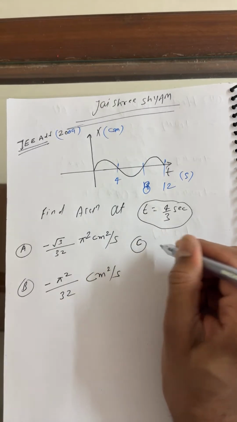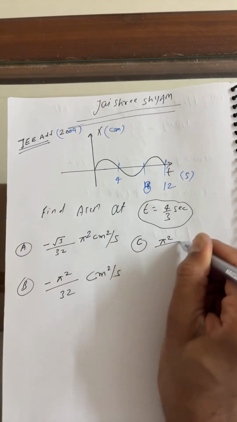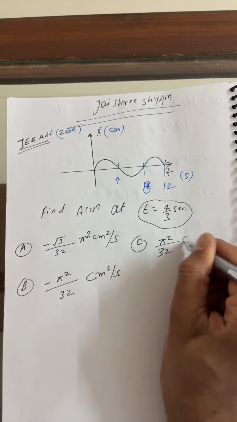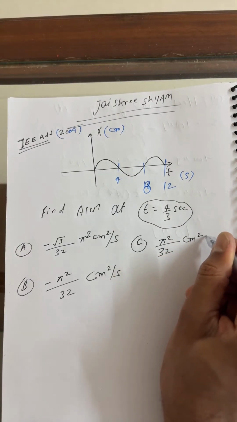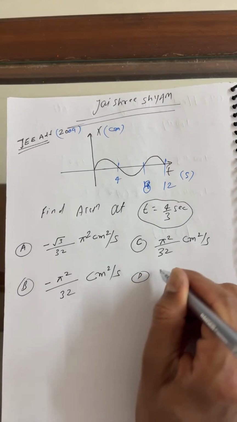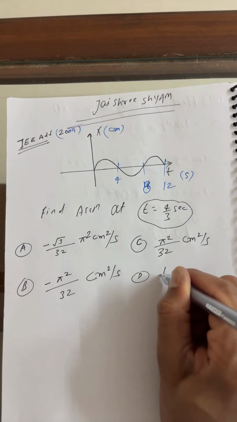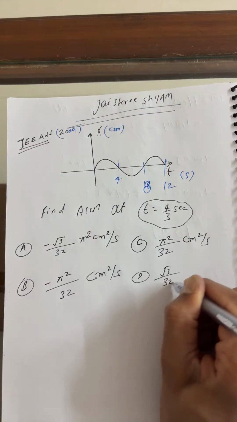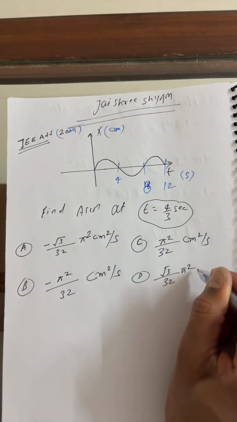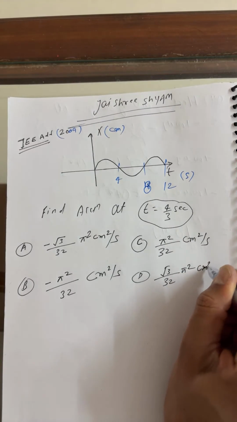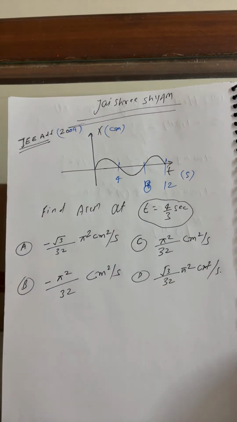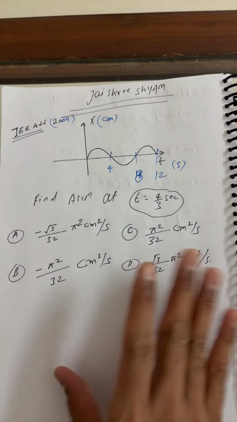Option C: pi square by 32 centimeter per second square. Last option: root 3 by 32 pi square centimeter per second square. This is the question.